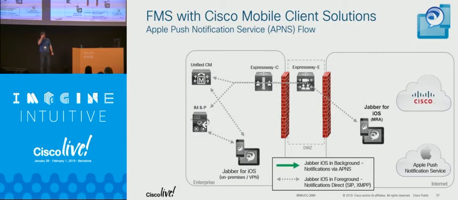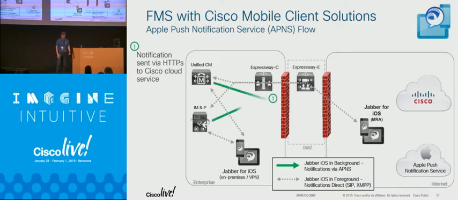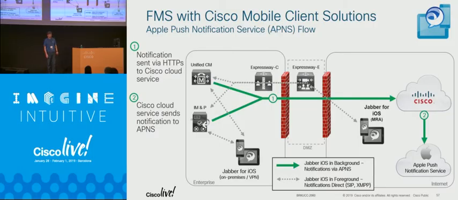So let's take a look at what this looks like. It always helps to see it visually, I think. Notifications for APNS, when we enable this, are going to be sent from Communication Manager and IMNP using HTTPS out to a Cisco cloud service. It's going to be an outbound HTTPS connection. You can configure a proxy if you need to get that outside your enterprise, but it has to hit the Cisco collaboration cloud. That Cisco collaboration cloud is then going to take that message and convert it into a push notification, which it will send to the Apple push notification service running out on the internet.